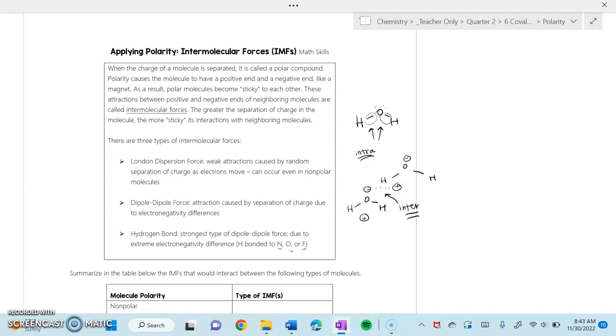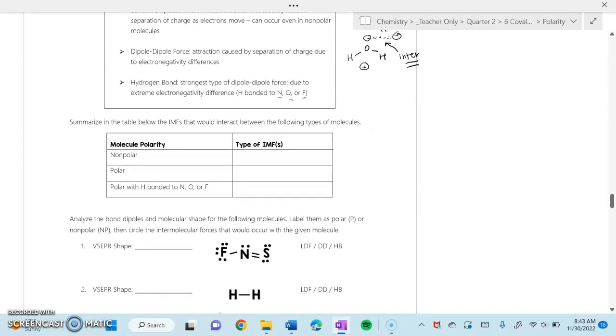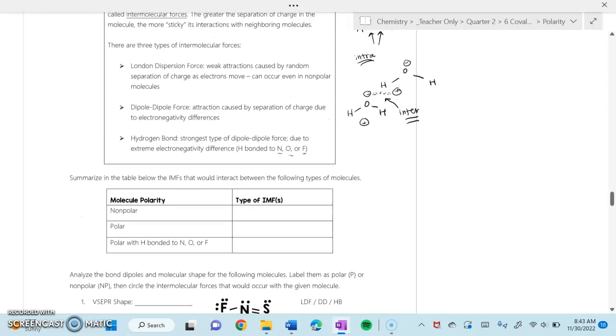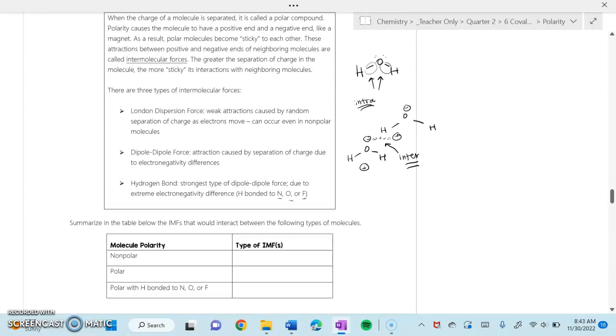As you can see, even in how I drew them, intermolecular forces are not as strong and steady as bonds themselves are. So in our table, let's summarize what kind of intermolecular forces would be in the different types of molecules. After we analyze a molecule for polarity, we can list its intermolecular forces based on what we've just learned.